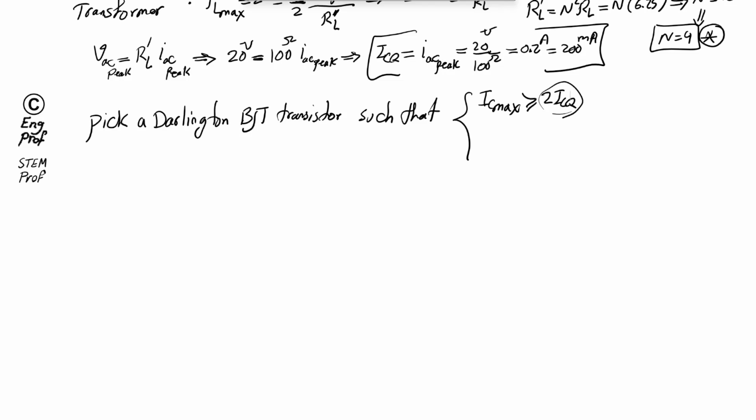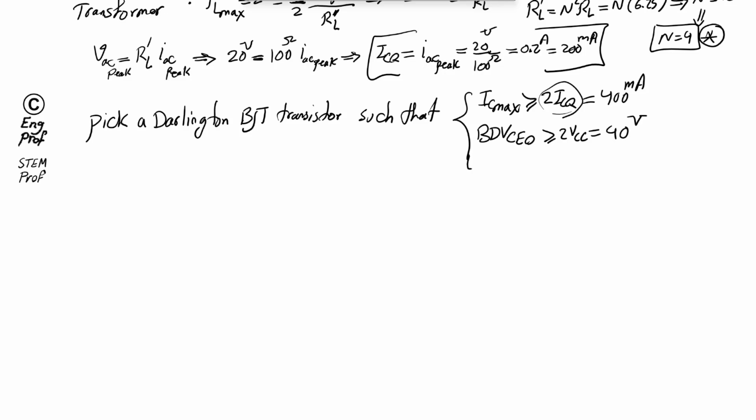So it should be greater than or equal to 400 milliamp for the max current tolerance. And also the breakdown voltage of the collector-emitter should be greater than or equal to 2 times VCC, which is 40 volt.